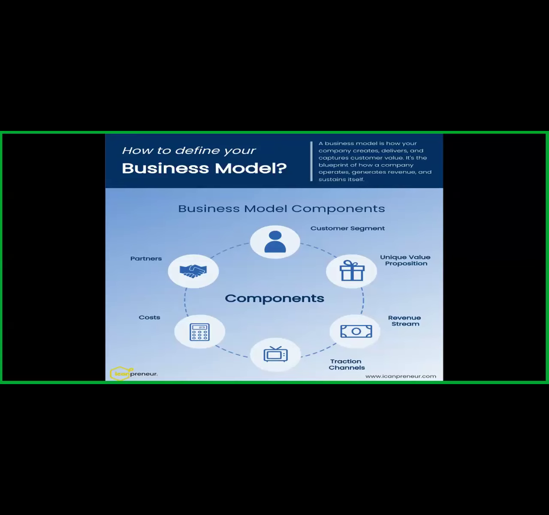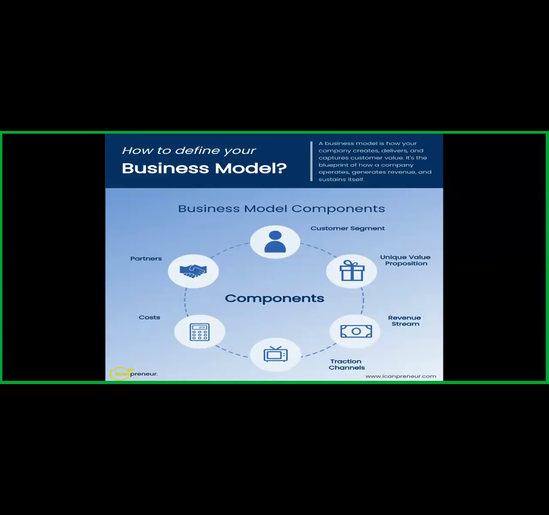Next one is the traction channel. Now, traction channel means what are the different ways through which we can generate revenue. Now, the social media marketing, we all are aware of that some paid ads are there on the channels of YouTubers.